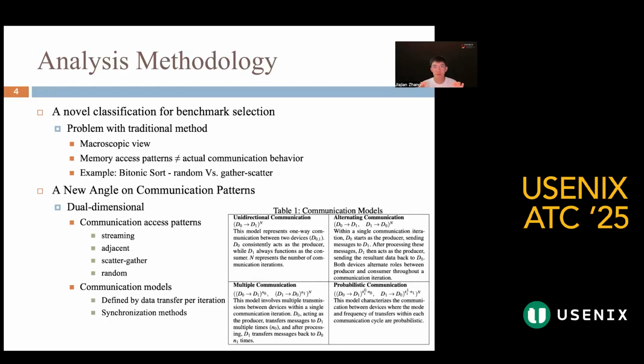So we proposed a new angle on access patterns in GPU communications, like streaming, adjacent, scatter-gather, and random. We also proposed another dimension of classification based on communication models, which describe how data is transferred across synchronized routes.